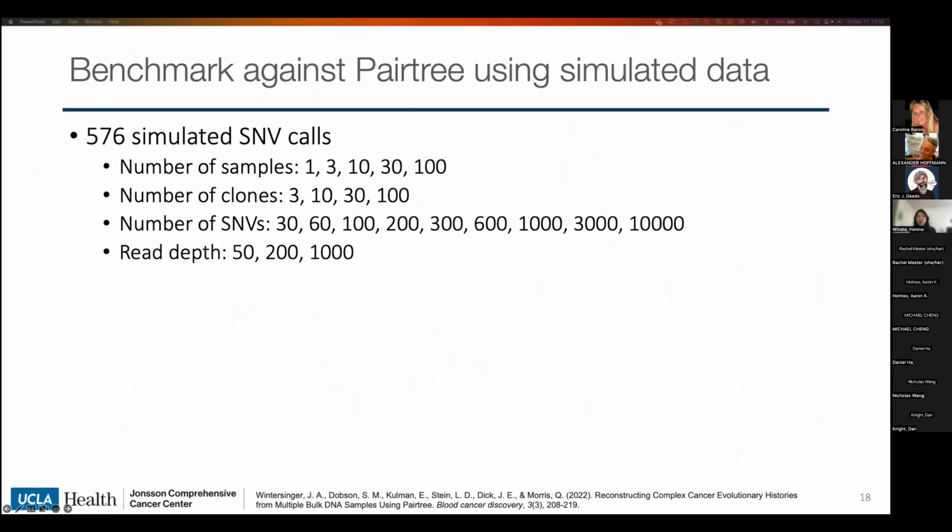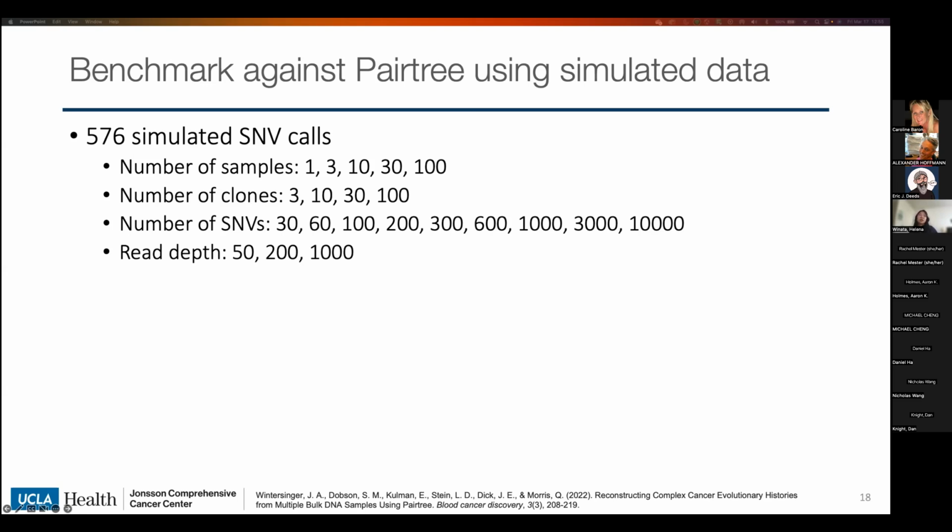So since we're developing this algorithm to overcome the scalability issues in current methods, we benchmark it against Pairtree using simulated data. And we chose Pairtree because it is one of the only tools out there that is able to work with multi-sample reconstruction.